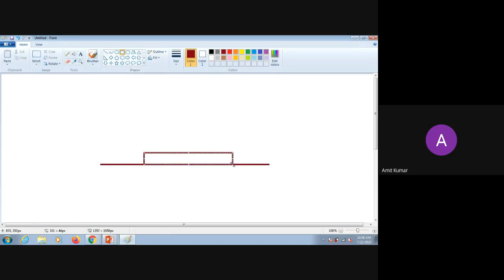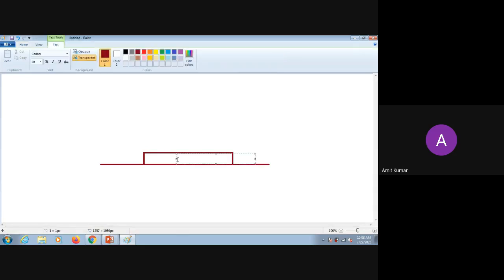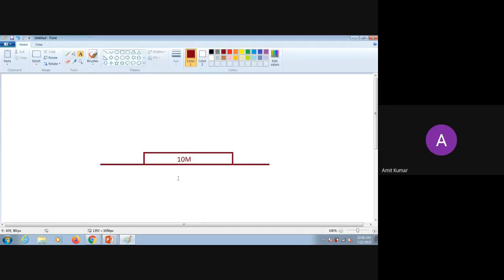Say for example, this is your whole bandwidth, that is 10 megahertz. Now we want to accommodate 8 signals. So what we have done is placed 8 signals which are 1 megahertz apart.